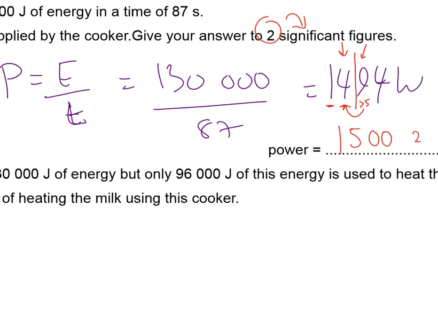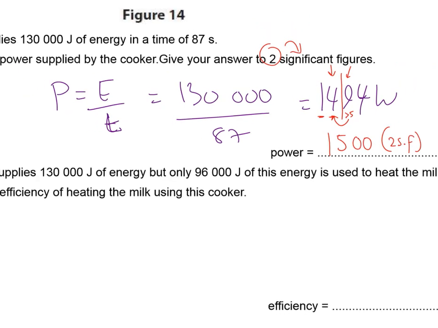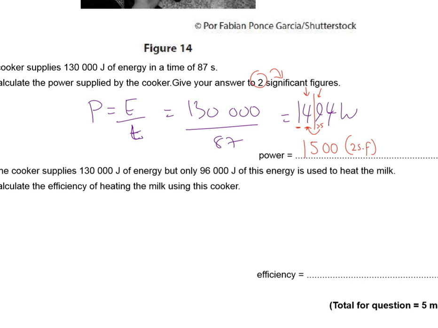Therefore this is 2 SF. We should have done significant figures in mathematics, so hopefully your teacher will sort you out over there, but this is the answer. This will give you 2 marks, 2 ticks, and this will give you the last mark you need in this particular case.